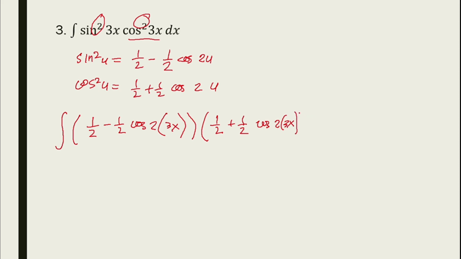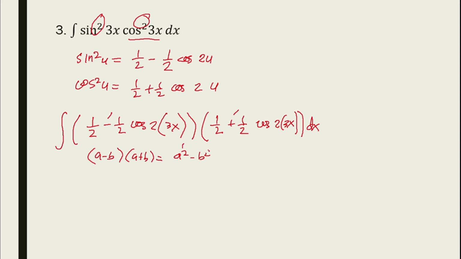Okay, so now we have to distribute. This is in the form of a minus b and a plus b. So the result of this one is a squared minus b squared, because minus and plus. So just multiply the first term and the last term.